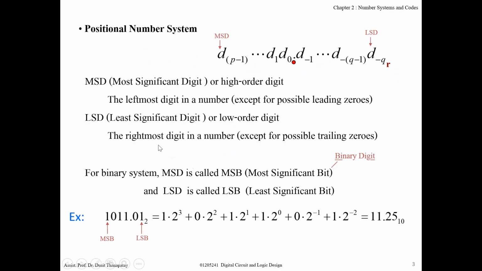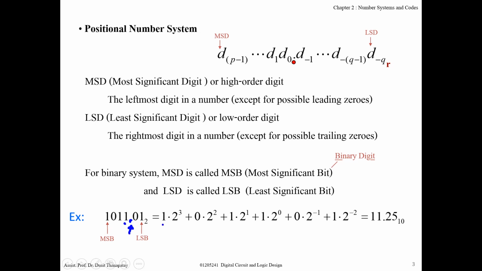Okay, for example, this one, 1011.01. You can calculate the value in decimal by multiplying each digit by its weight, to the power of something based on the position. Let us start from this point.